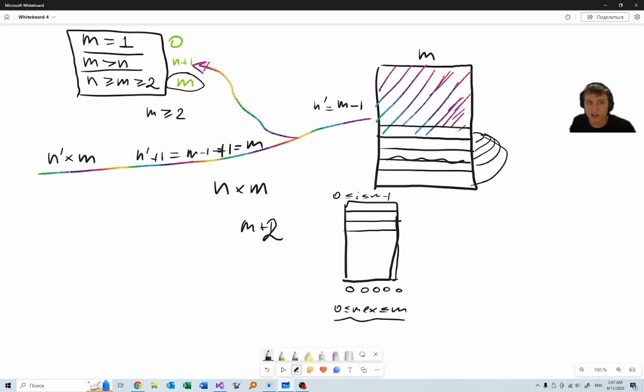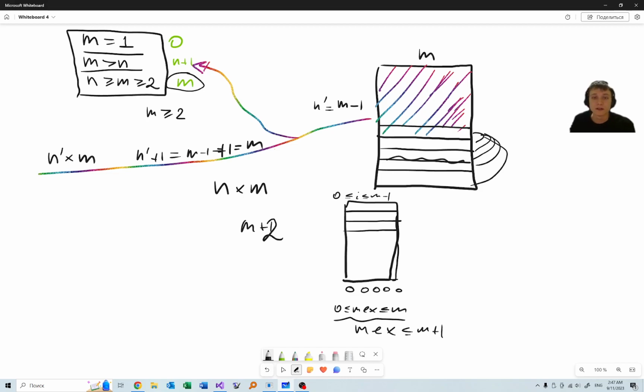And after that, you can get that the max of these numbers is at most m plus 1. Yeah, I think, yes. We get that max is at most m plus 1.